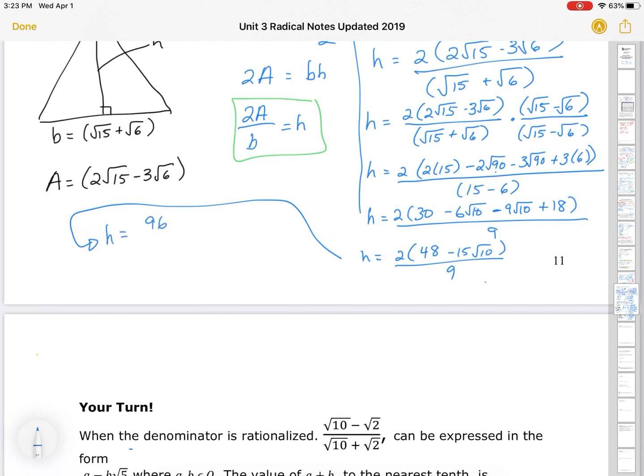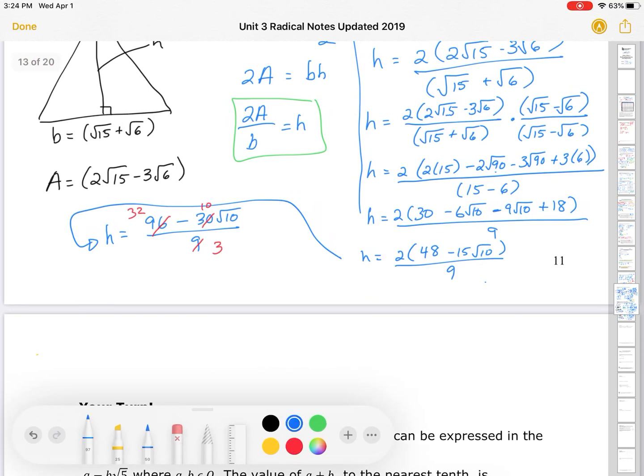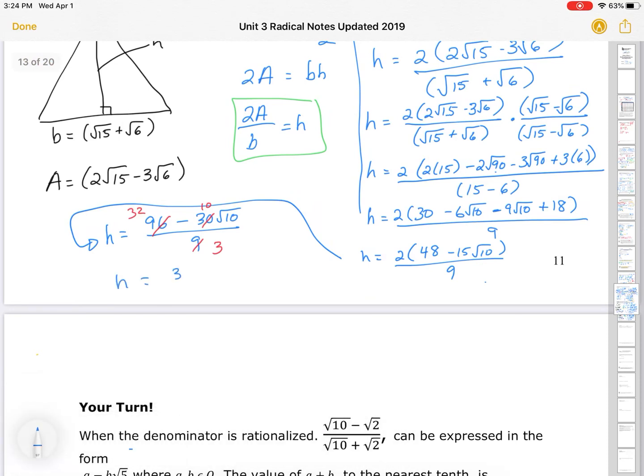So h is equal to, what did I say? 96 minus 30 root 10 all over 9. And I can divide all of these by 3, okay? So if I divide 3 out of each of these, 96 divided by 3 is 32, 30 divided by 3 is 10, and 9 divided by 3 is 3.